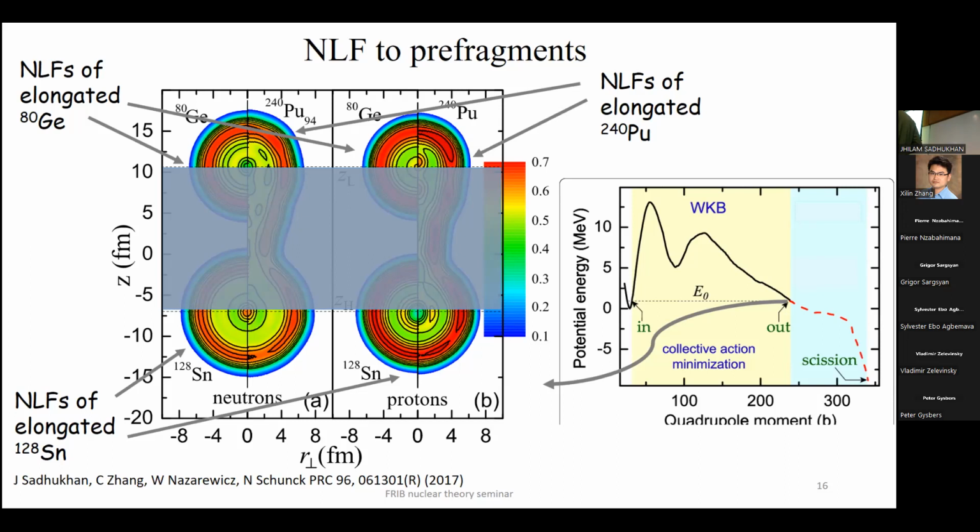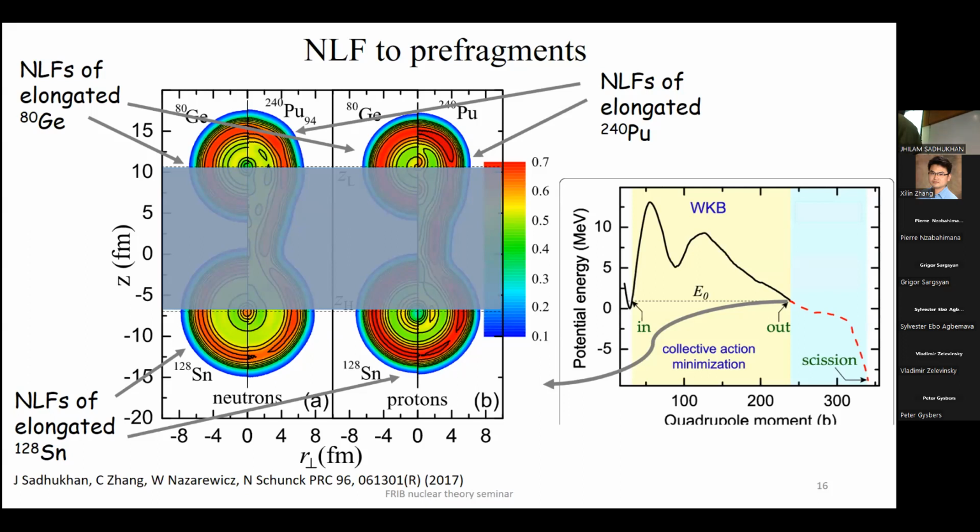Yeah, because this region is the classical region. Once the system reaches this region, the energy is more than the barrier, so it is a classical region. We can do classical dynamics here or any kind of quantum dynamics, but WKB is giving us this at the outer point.